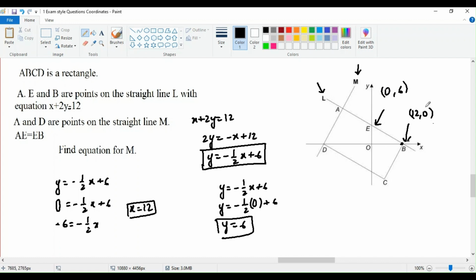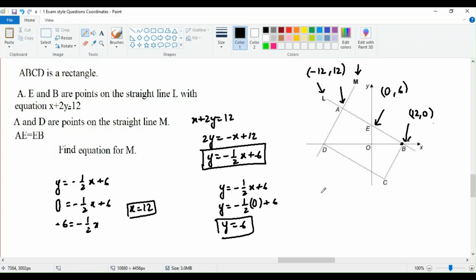With this we know that the distance between AE and EB is equal. From 12 it becomes 0, so it goes 12 more to the negative side. This point is going to give us negative 12. Now from 0 to 6, and 6 plus 6 gives us 12. That means the coordinates of point A are negative 12 and 12.